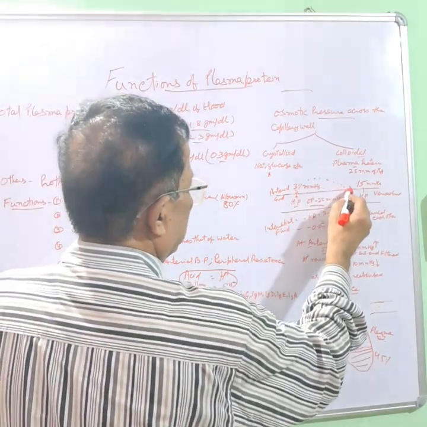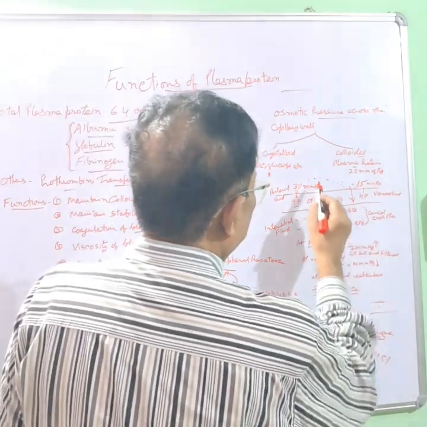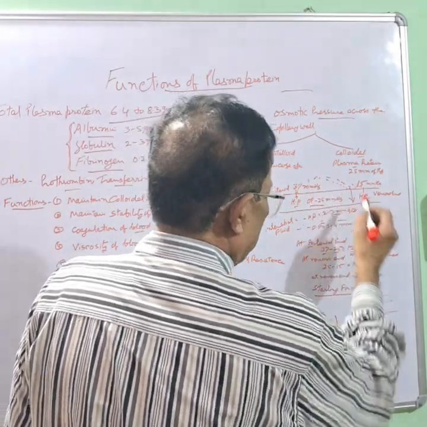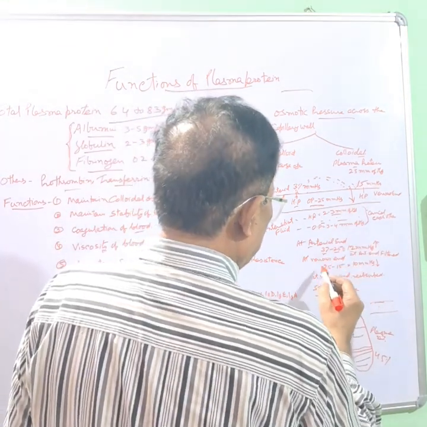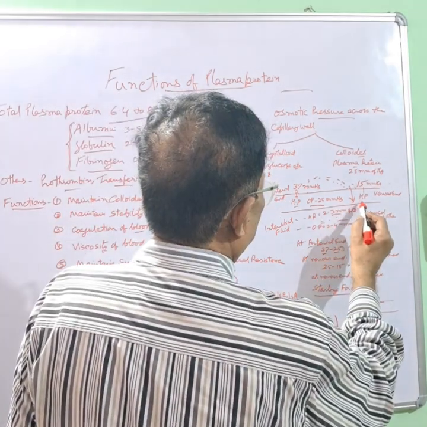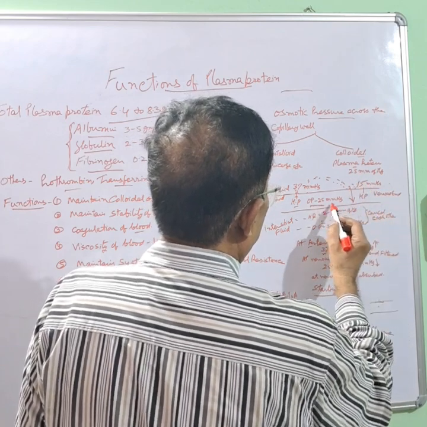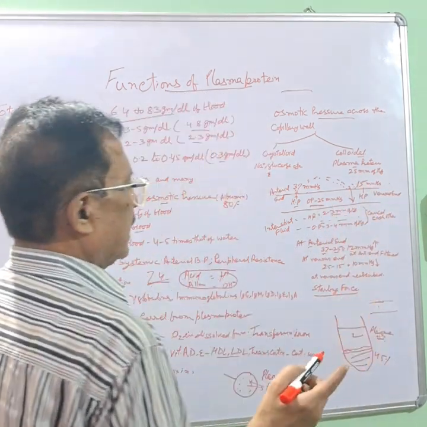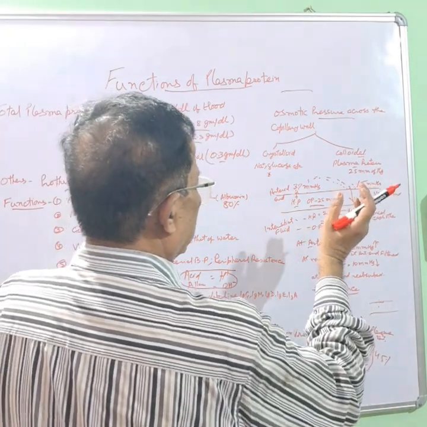But at the venous end, what happens? The fluid is sucked in, moving inside the blood vessel, because hydrostatic pressure is less, 15 millimeters of mercury, but osmotic pressure is 25 millimeters of mercury. Therefore, fluid enters the blood vessel.